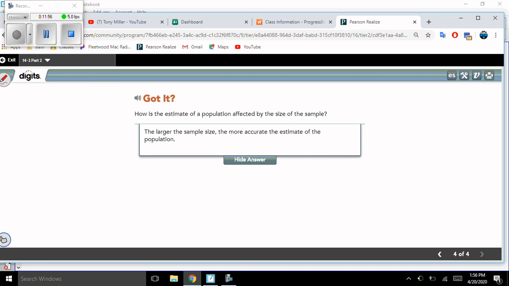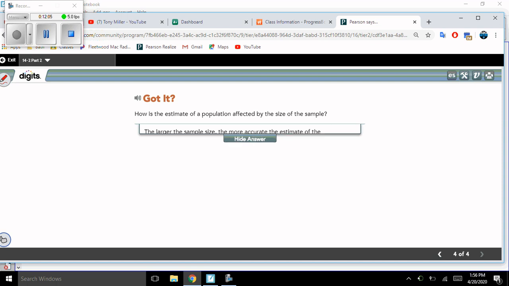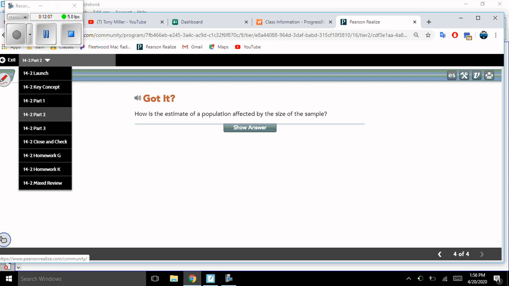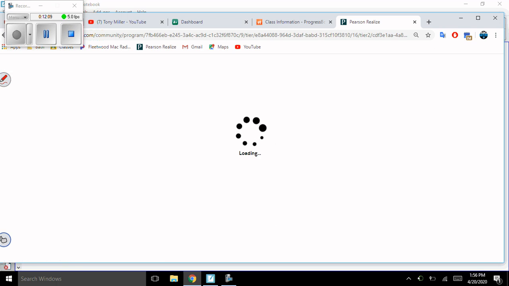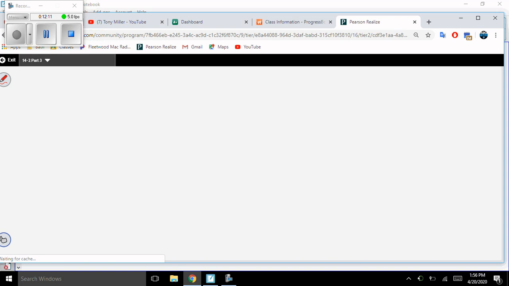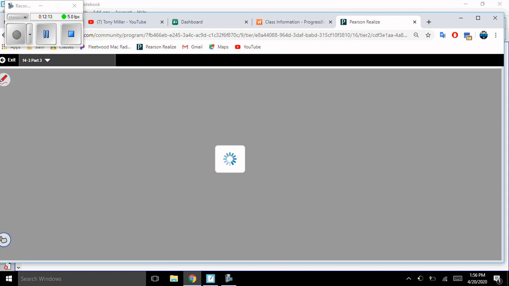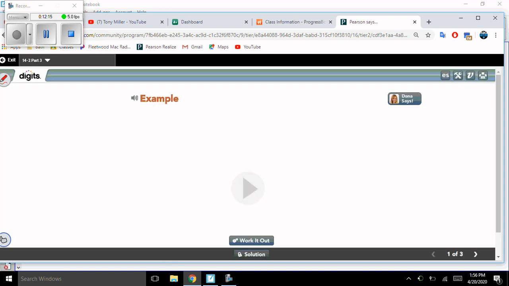And the larger your sample is, one would typically think the more accurate you're going to be. In our society right now, one of the things they're trying to get people to do is to vote. So we think the more people we have vote, the more accurate the sample is of what the people of that particular state actually feel.